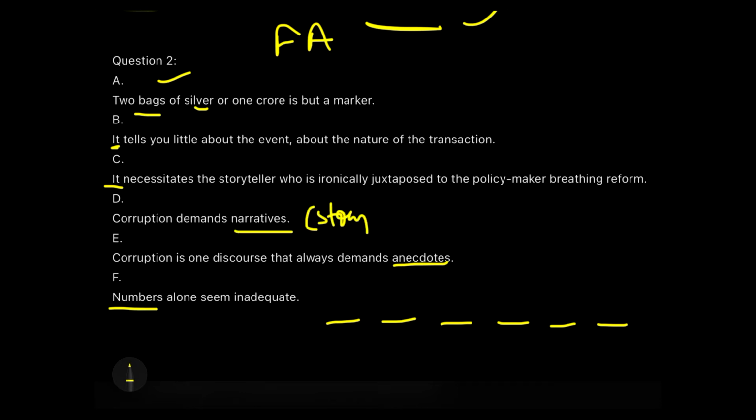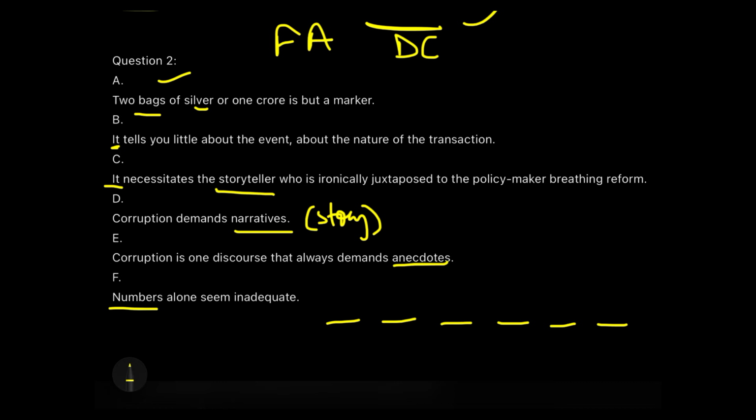Narratives are somehow related to story, and here is a relation between story and a storyteller. So can I say that D is preceded by C, or C follows D? Yes, that would be right. So I can make another pair, DC, and surely in my answer I'll have one pair of FA and one pair of DC, where D says corruption demands narratives, and C says it necessitates the storyteller who is ironically juxtaposed to the policy maker breathing reform.